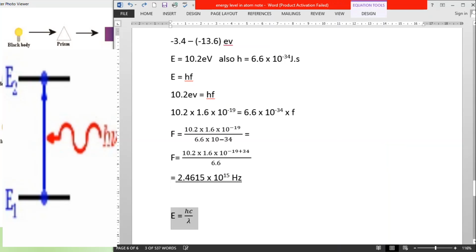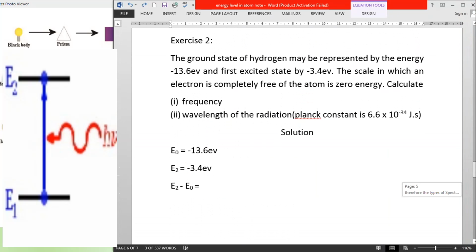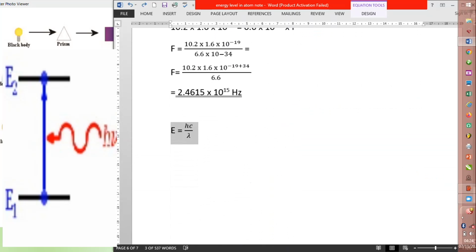Okay. So now we are also told to look for the wavelength of this. So not only the frequency, we are also told to look for the wavelength. For us to get the wavelength, we are going to use E equals hc over lambda, or you can also calculate the wavelength using this frequency. But let us see what we want to do.